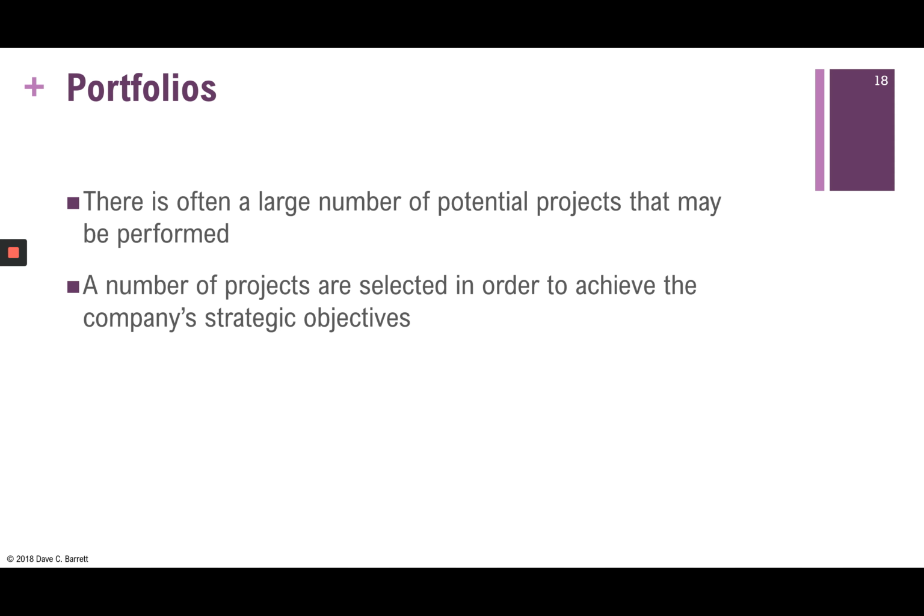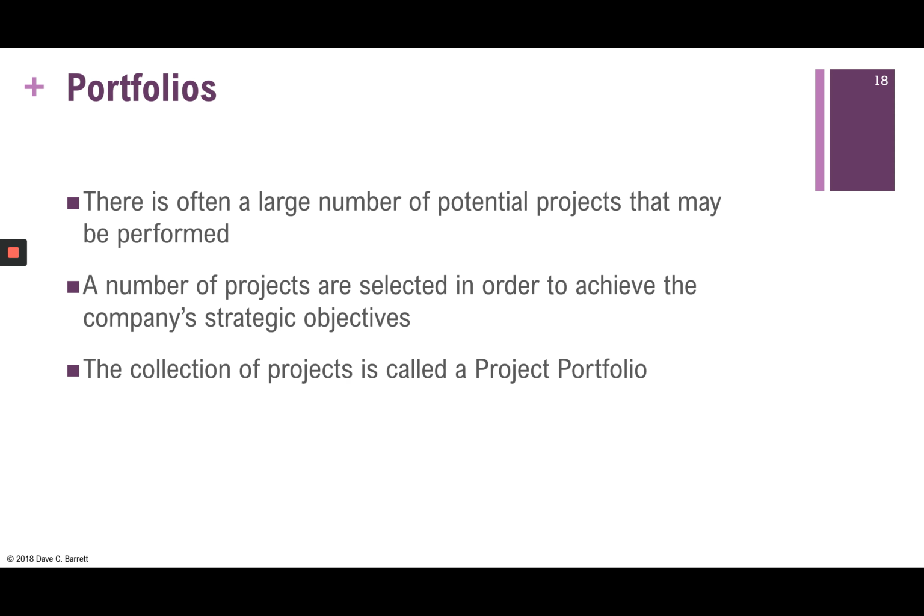And so this is the link of projects to the company's goals and objectives: the projects that will most further, or that may increase the profit the most, or increase revenues, or increase brand recognition, and so on, whatever those projects are, are selected in order to achieve the company's strategic objectives.